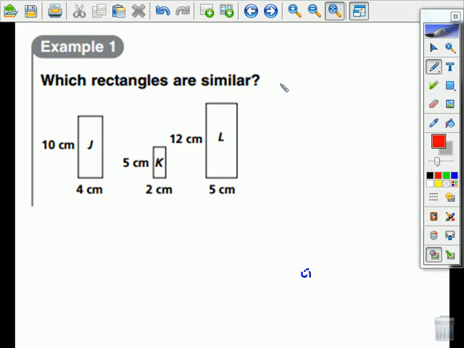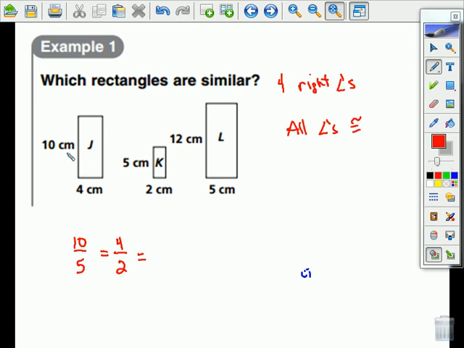All right, let's do the next one together. Which rectangles are similar? Remember, rectangles have 4 right angles. So I know that all the corresponding angles are congruent. So all angles are congruent here. So I have to look at the ratios of the corresponding sides. So 10 in rectangle J corresponds to 5, and the 4 in rectangle J corresponds to the 2.